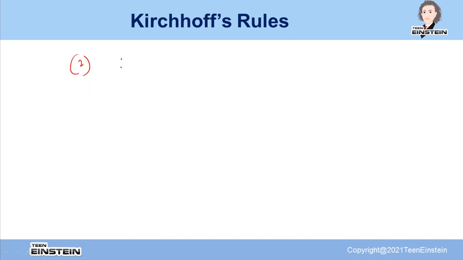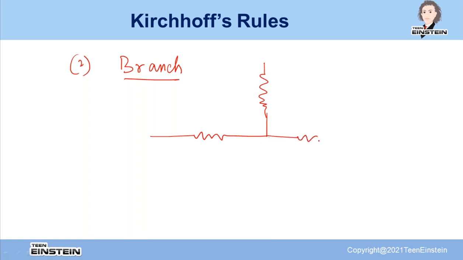Now we'll learn branch of a circuit. I had already told somewhat branch. So branch means, suppose I have this, like this, then you have suppose this.